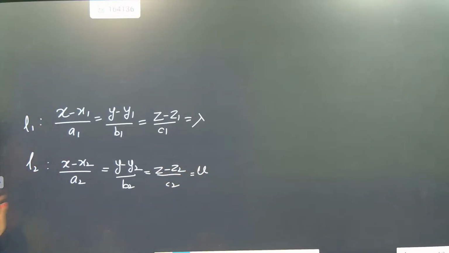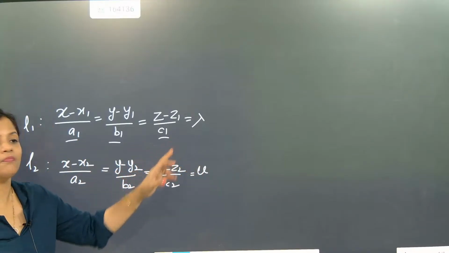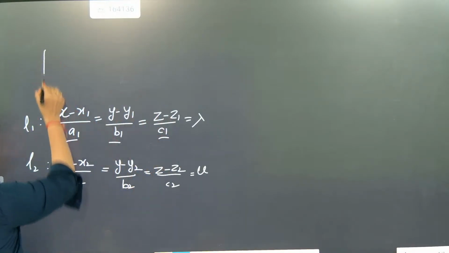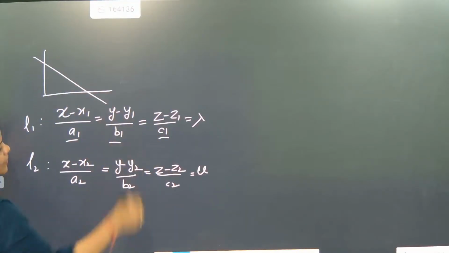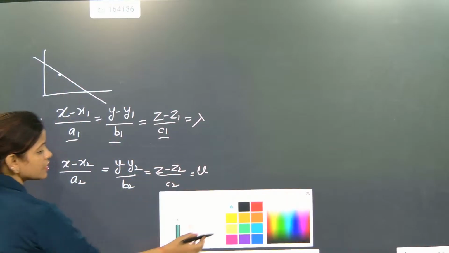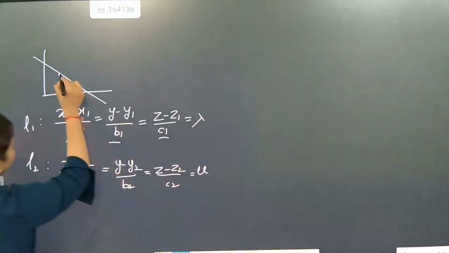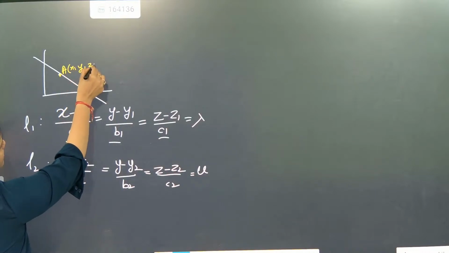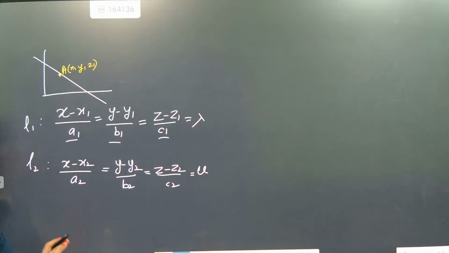Always remember this is coming from the parallel support. So this first line L1 I am drawing. If I am drawing line L1, then what is the fixed point here? The fixed point here is A, that is x1, y1 and z1.